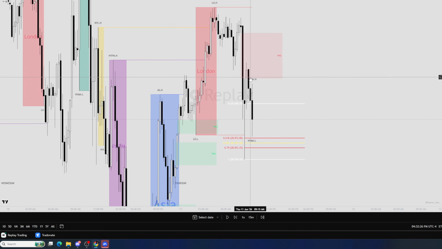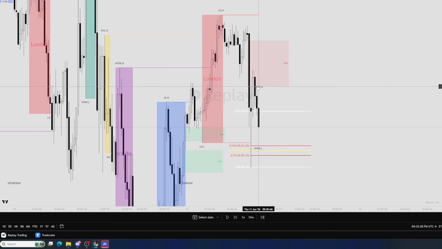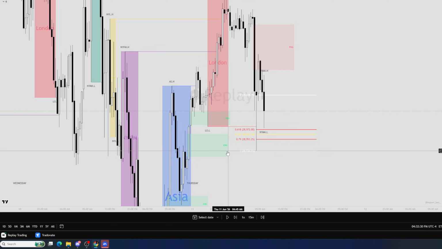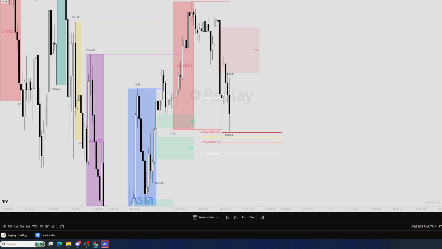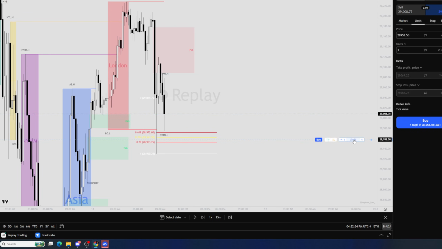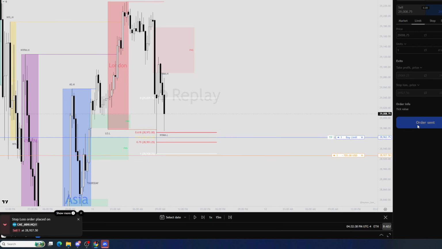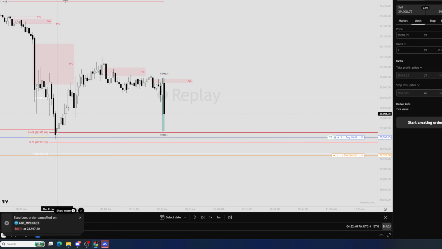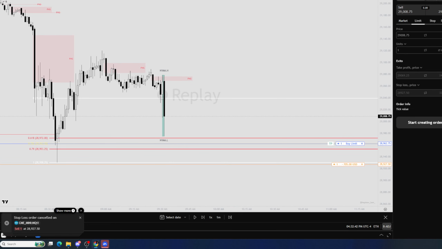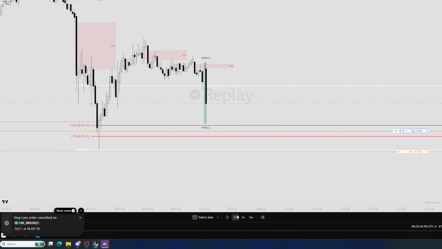But it's been tested, and it doesn't look good, so I wouldn't take it. So this is my rejection block. Now I'm looking for longs on this one. Putting my entry in, risking $700 on this, and I'll let this trade go through.